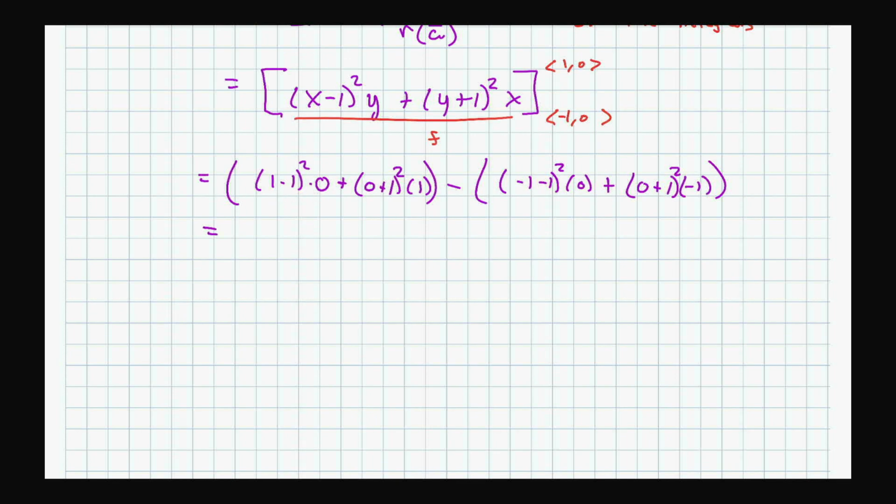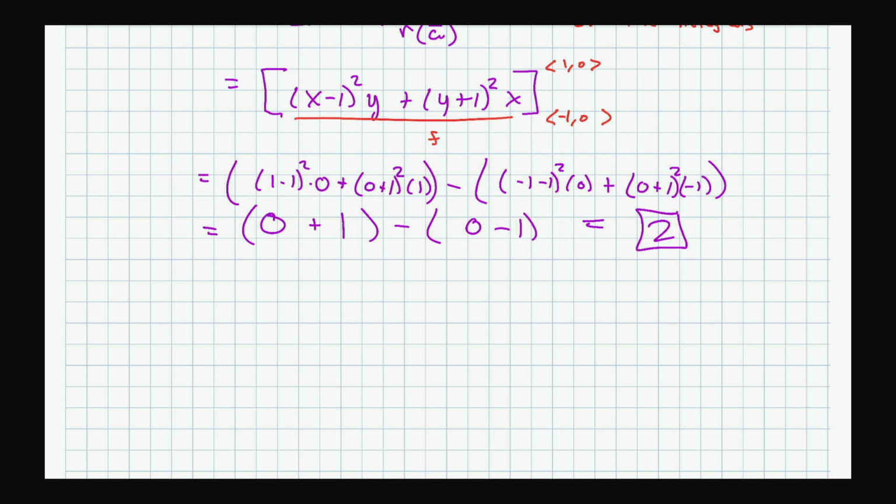We got 0. This is 1 times 1, which is 1, minus, this is -2 times 0, so 0. And this is 1 squared, which is 1, times -1, which is -1. So I get 1 minus -1, so I guess the answer is 2, I hope.